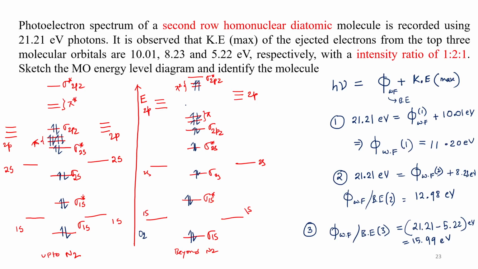For nitrogen, the sigma star 2s is deeply buried, so it will require a very high energy. The situation is 2:4:2.